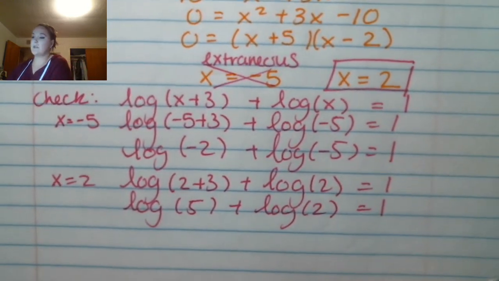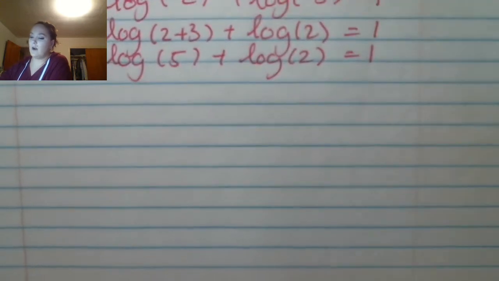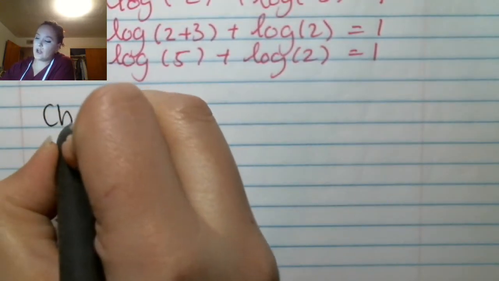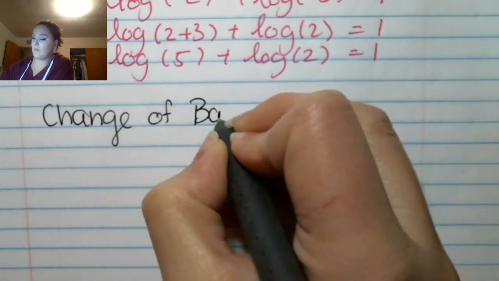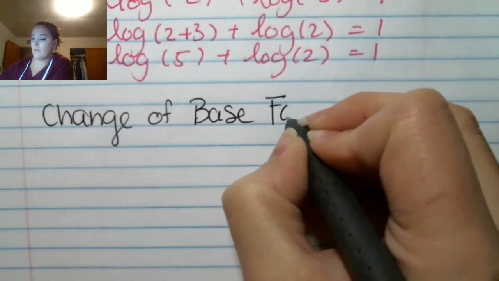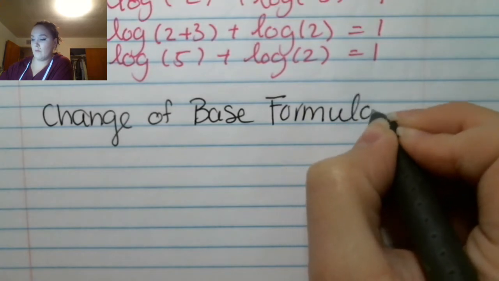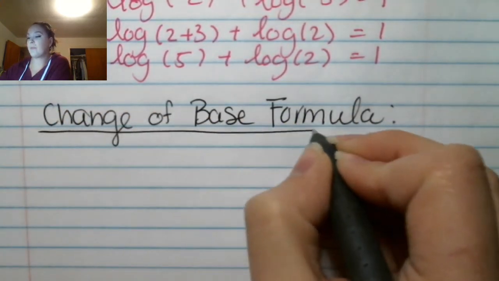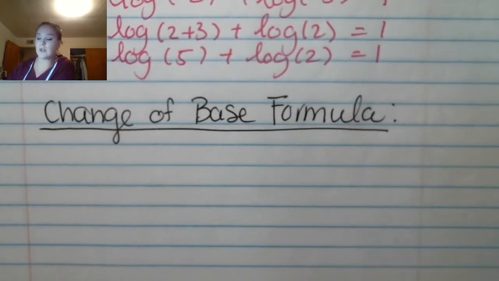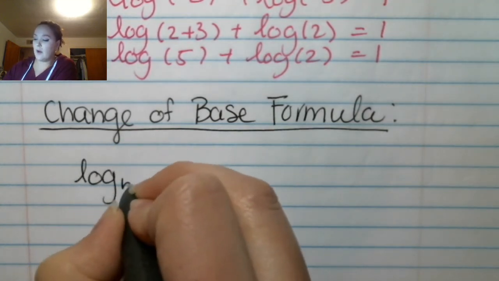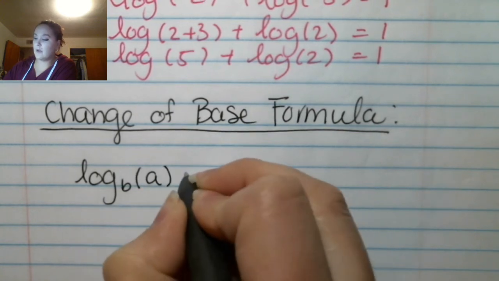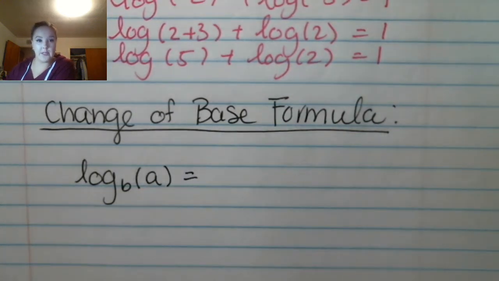So let's talk about the last log property, which is called the change of base formula. What the change of base formula allows you to do is change from one type of log, so log base b, into any other base that you want.